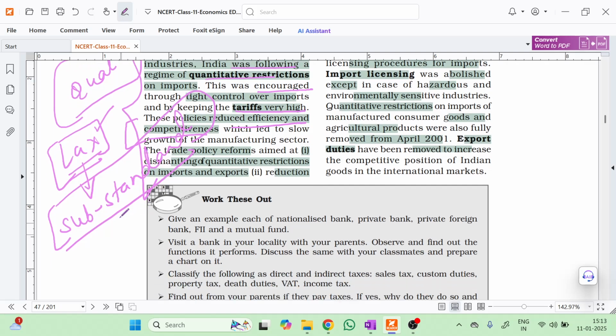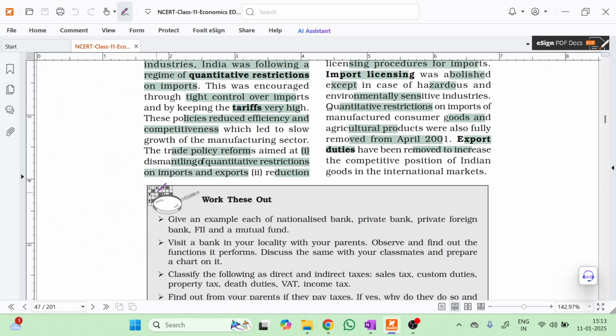Because गवर्नमेंट ने पहले ही imports पे restriction लगा दिया है. So बाहर से तो कुछ आ नहीं रहा, जो वो बना रहे हैं it will be bought and sold. So the whole situation led to the production of substandard goods, और ये quantitative restrictions वाली चीज trade policy reforms के साथ ही ठीक हुई.